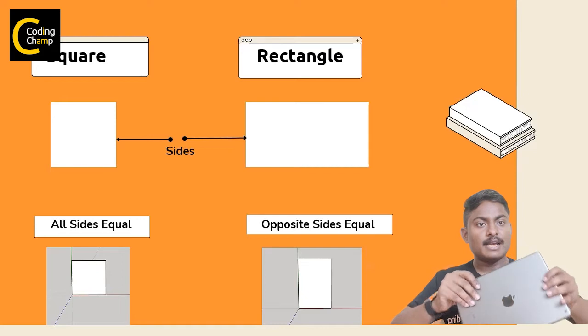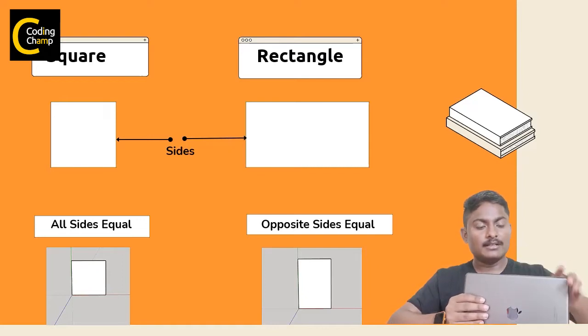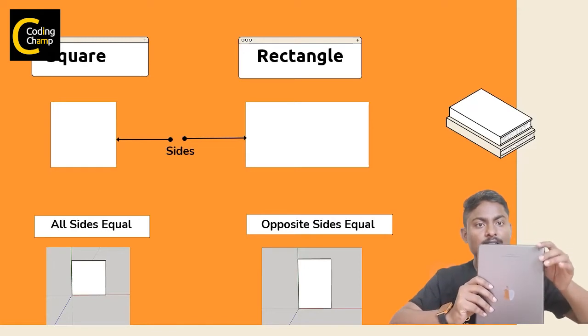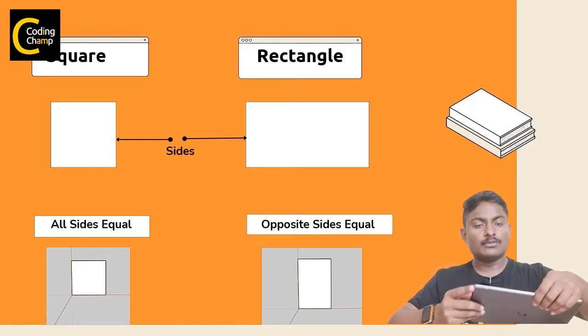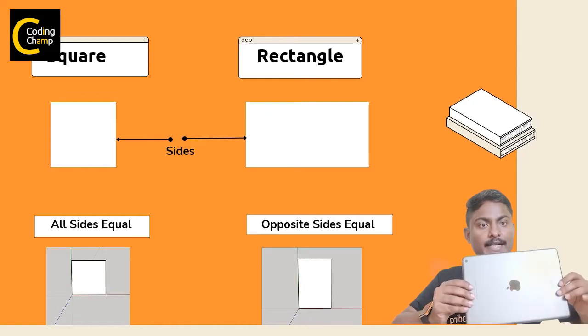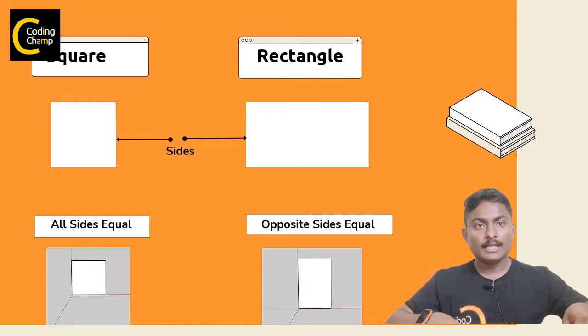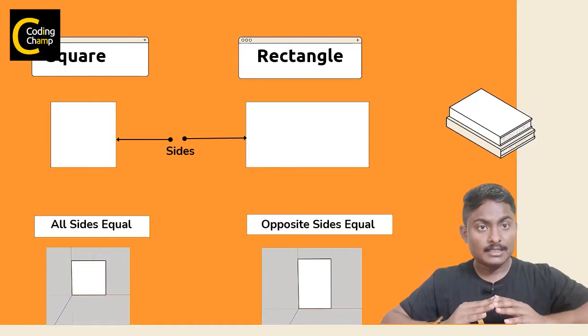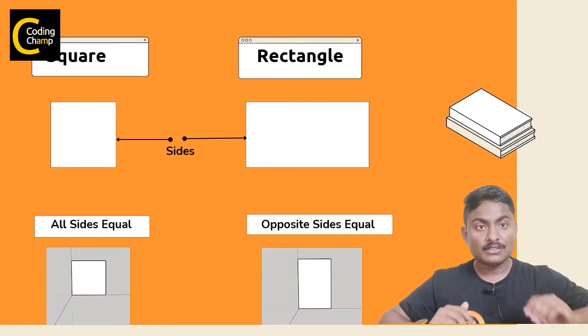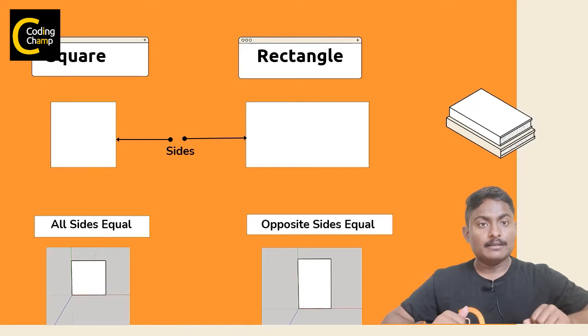This one is one side, this one is another side. But right now, the sides of this are not equal, so this is not a square. This is called a rectangle. Okay. So when all the sides of a shape are equal, then it is called a square. When opposite sides are equal, then it is called a rectangle.